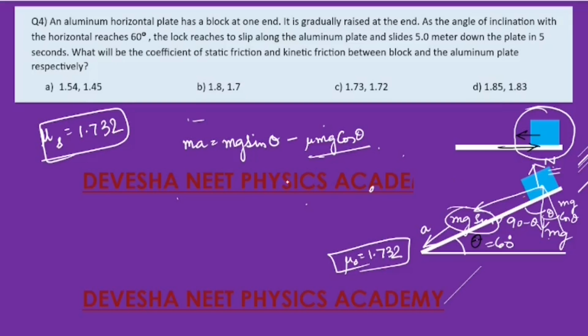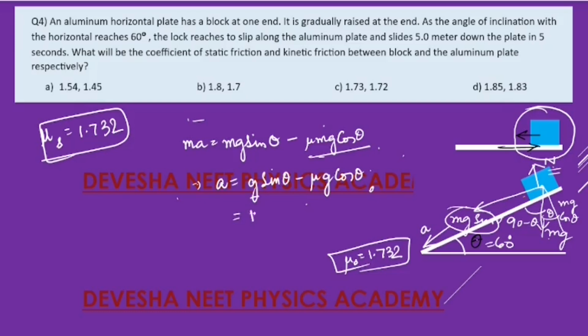So a is equal to g sin theta minus mu g cos theta.